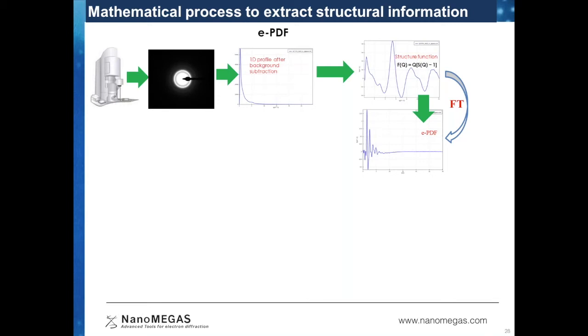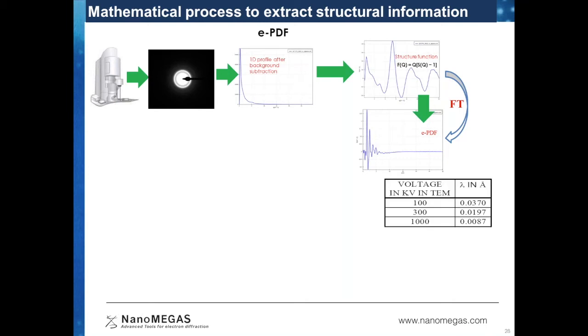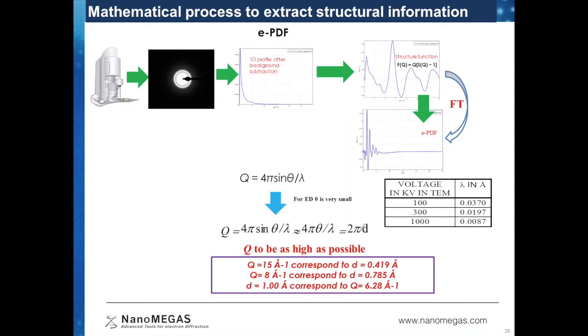Exactly the same way. The difference between X-ray and electron diffraction, I need to remind you again, is that the wavelength is very small in comparison to X-ray, and also the theta value for the diffraction is very small due to Bragg's law. So in this case, the momentum transfer function, or Q, which I mentioned before, needs to be modified. So now Q is 2 pi by d.